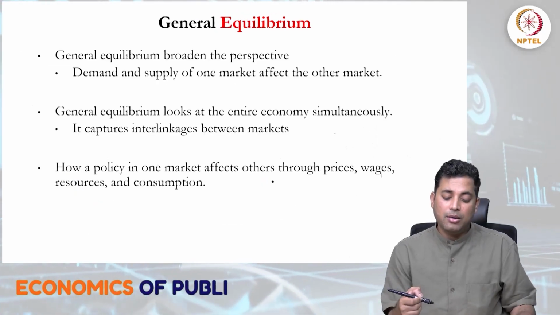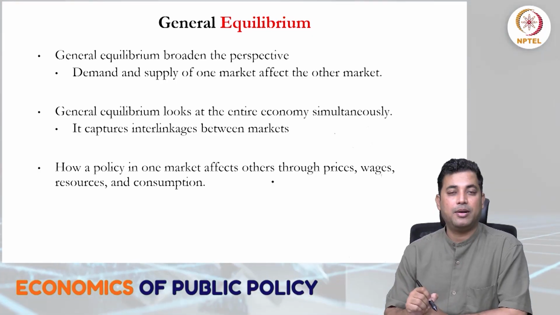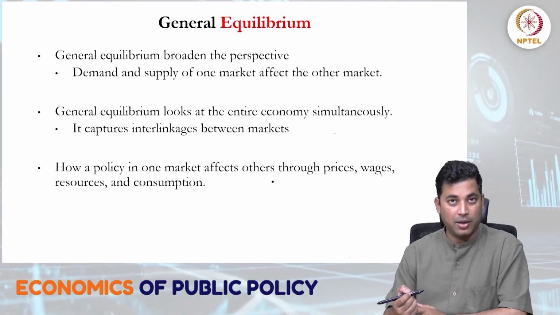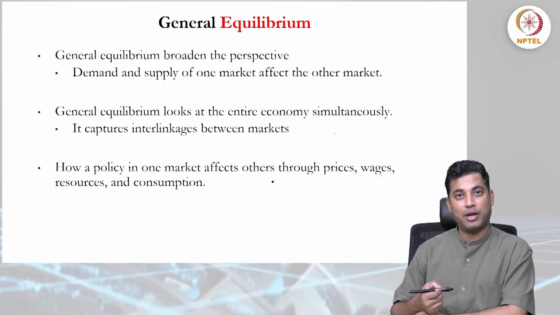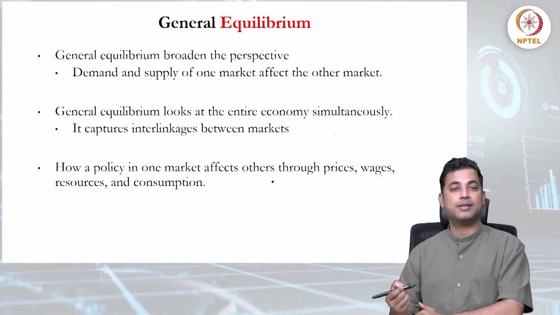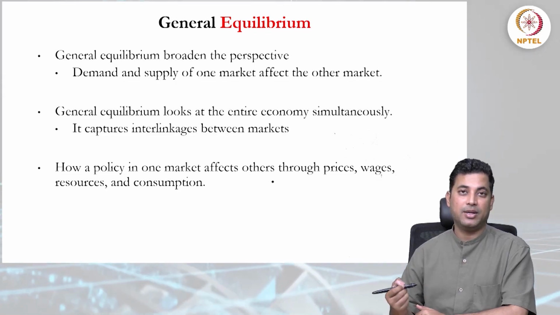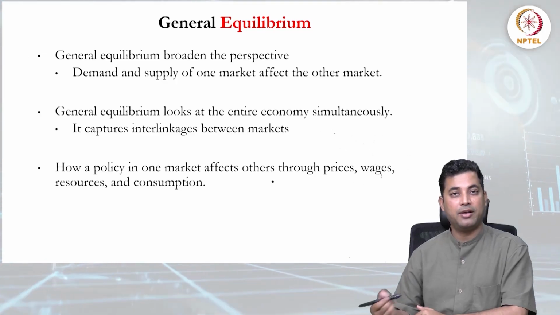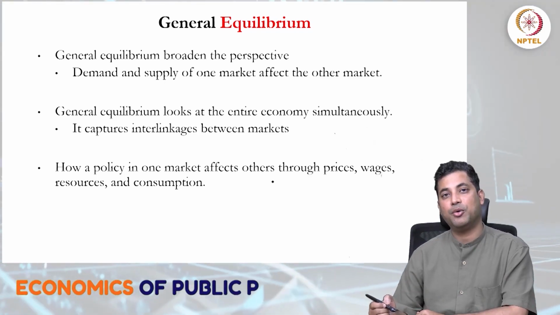Now moving to general equilibrium. The general equilibrium approach is that demand and supply of one market, like demand for pen or supply of pencil, affect the other market. For instance, if we want to understand whether, when the price of the pen increases, there is more demand for pencil, or likewise if demand for pencil increases, whether there is less or more demand for pen.